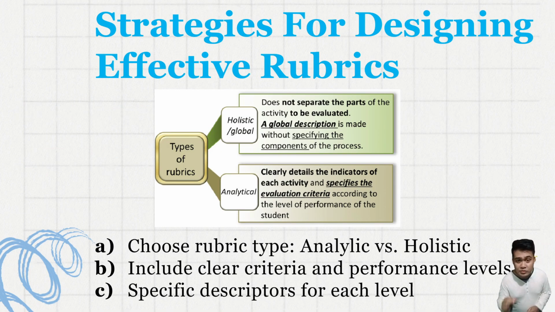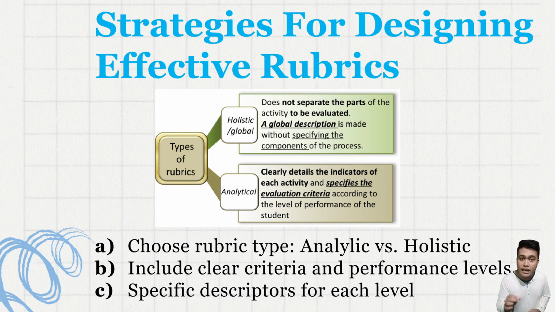When designing rubrics, it's helpful to consider the type of rubric that best fits the assignment, either analytic or holistic. Analytic rubrics break down assignments into multiple dimensions, assessing each part separately, while holistic rubrics evaluate the entire task on a single scale.